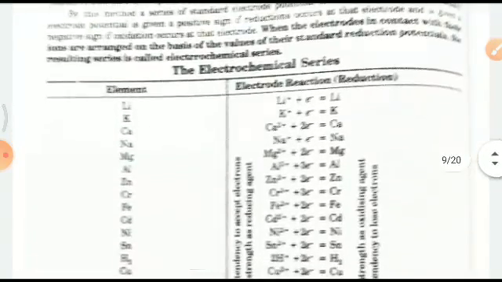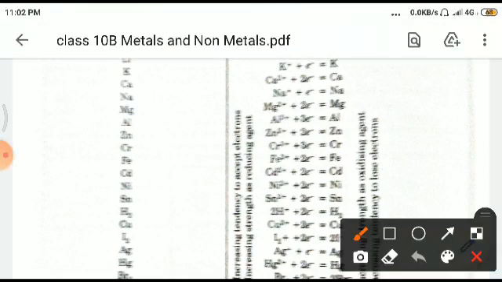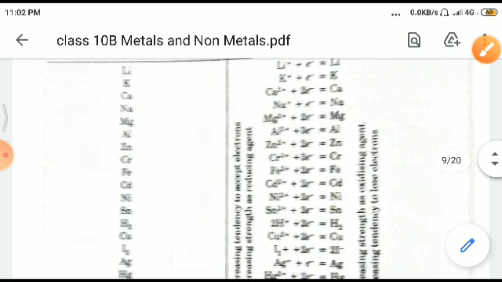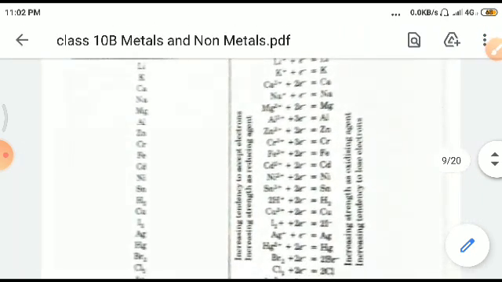Next we come to the electrochemical series. You can see it is almost the same as the activity series, with lithium, potassium, calcium. This is the electrochemical series here, right?